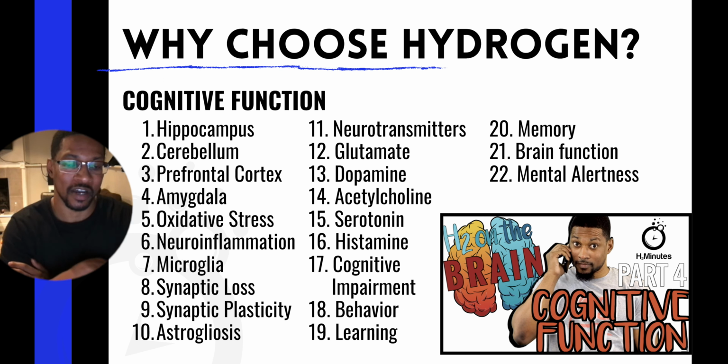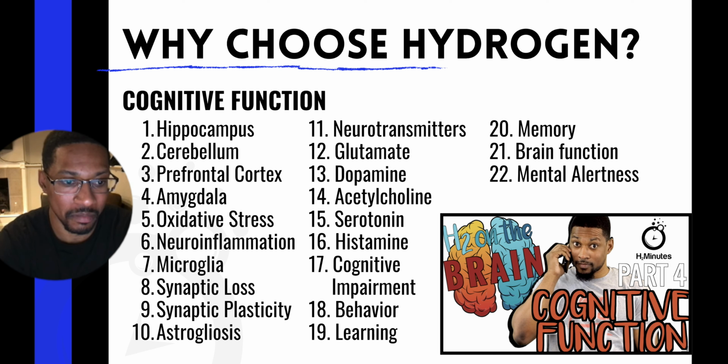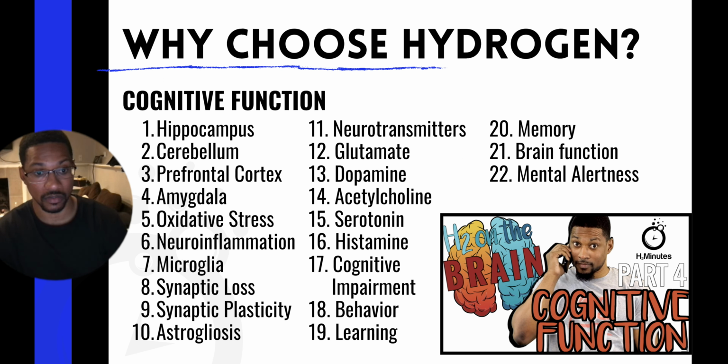We show how hydrogen can benefit the hippocampus, the cerebellum, the prefrontal cortex, the amygdala, reduce oxidative stress and neuroinflammation, and regulate microglia, which is like an immune cell, synaptic loss, synaptic plasticity, and reduce astrogliosis. It can regulate neurotransmitters such as glutamate, dopamine, acetylcholine, serotonin, histamine, GABA.